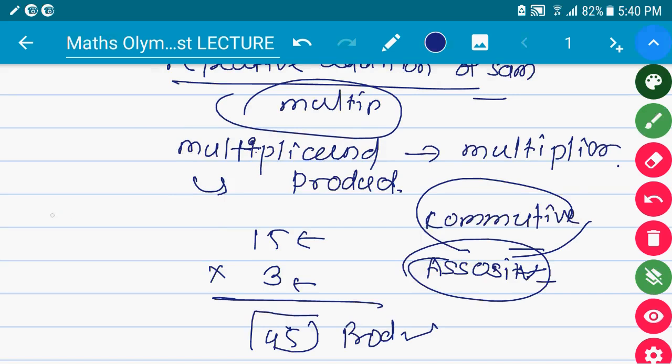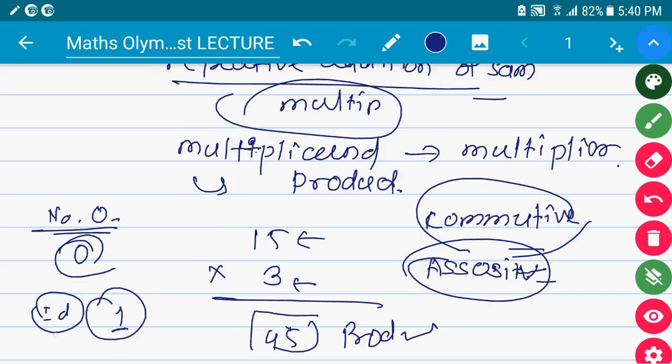The property related to 0 is that if we multiply any number with 0, the result will be 0 only. And the multiplicative identity: if any number is multiplied by 1, the product is the number itself. And like addition, it also follows the distributive property.